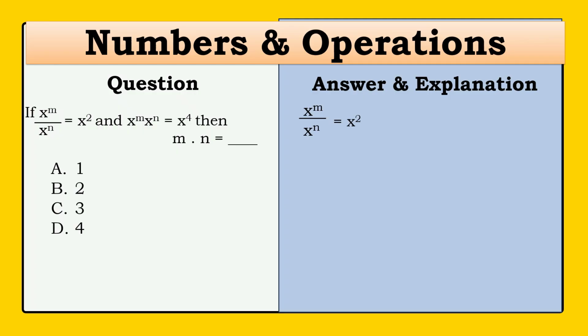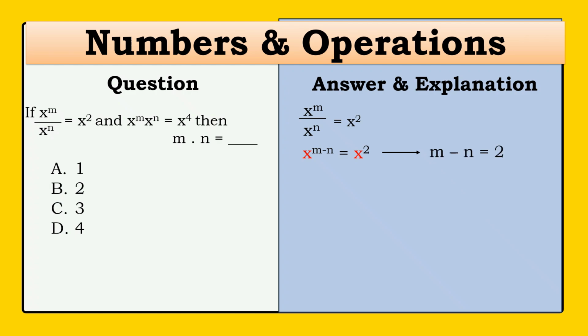First, apply the law of exponents for division. So x to the m over x to the n is equal to x to the m minus n. So we have x to the m minus n is equal to x squared. Since our bases are the same, we can equate our exponents. So m minus n is equal to 2.